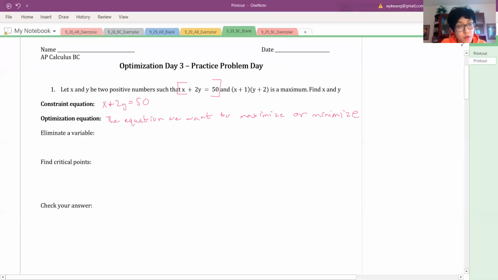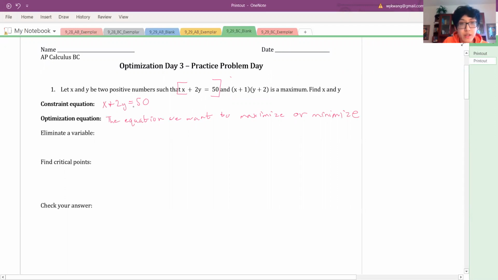So if you reread our problem, right? We're given this equation saying that x and y are two positive numbers and it must fit into this, right? X plus 2y is equal to 50. But we're given a second equation that we're told we want to maximize. So we want to make this value as large as possible while still fitting within the standards of x plus 2y is equal to 50.